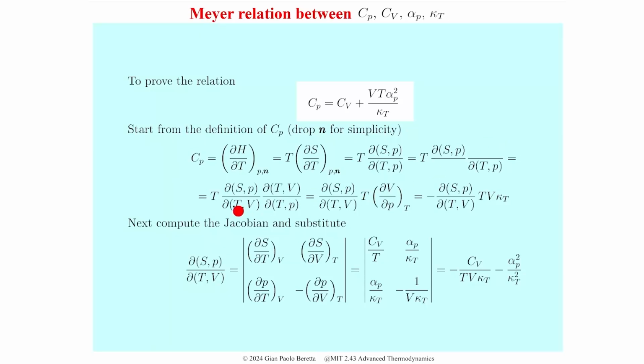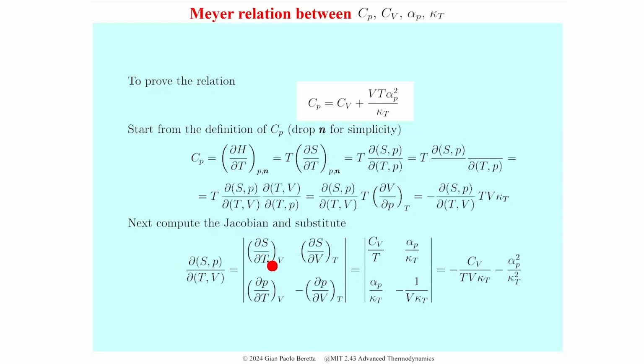But here, for example, we choose to select T and V. The second one has a repeated variable in numerator and denominator, so it is a partial derivative. And again, we find that it's related to kappa T. The first determinant has 4 different variables. So we write it here in terms of its definition. And then these various entries can be recognized as those properties.